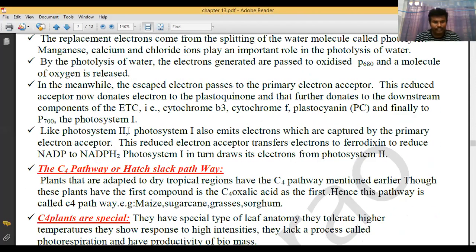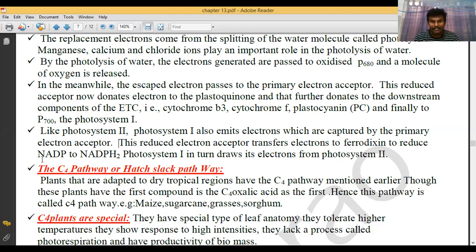Like photosystem 2, photosystem 1 also emits electrons, which are captured by the primary electron acceptor. This reduced electron acceptor transfers electrons to ferredoxin to reduce NADP. Ferredoxin means ferrous reducing substance. NADP becomes NADPH2. Photosystem 1 in turn draws its electrons from PS2.